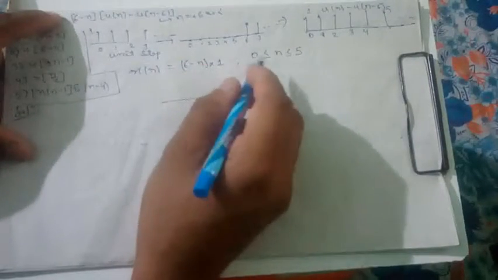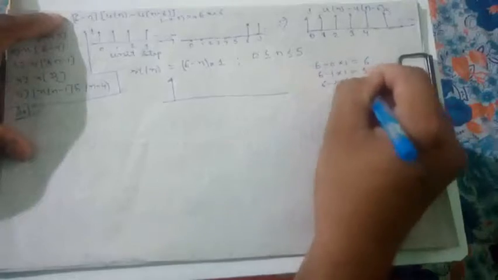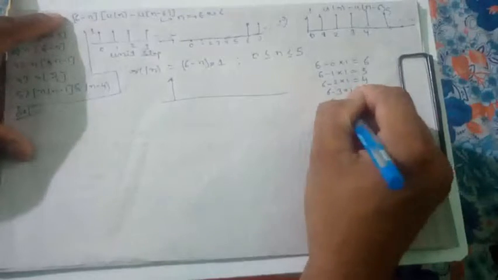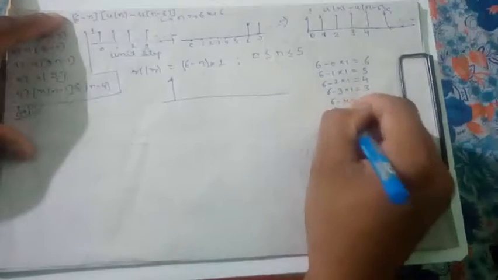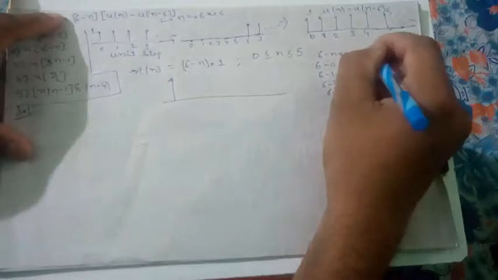Starting from 0: 6 minus 0 into 1 equals 6. 6 minus 1 into 1 equals 5. 6 minus 2 equals 4. 6 minus 3 equals 3. 6 minus 4 equals 2. 6 minus 5 equals 1. 6 minus 6 into 1 equals 0.